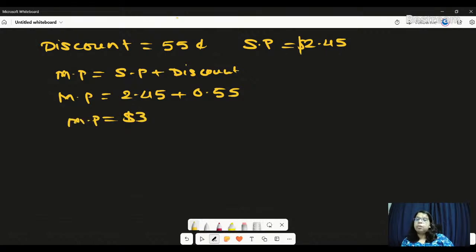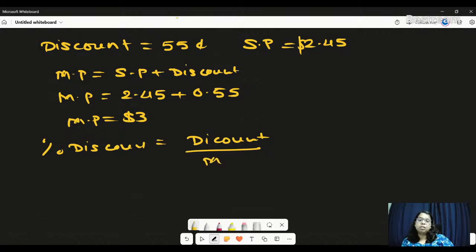Now your percentage discount will be equal to discount over marked price multiplied by 100.